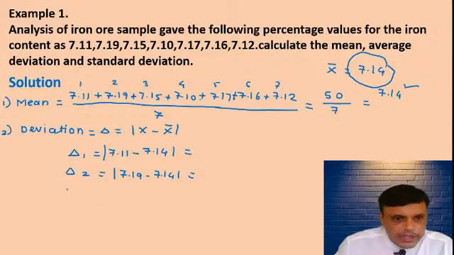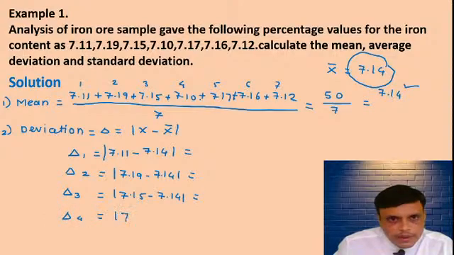Tell me this value. Del 3 is 7.15 minus 7.14. Calculate this one also. Del 4 is 7.10 minus 7.14.